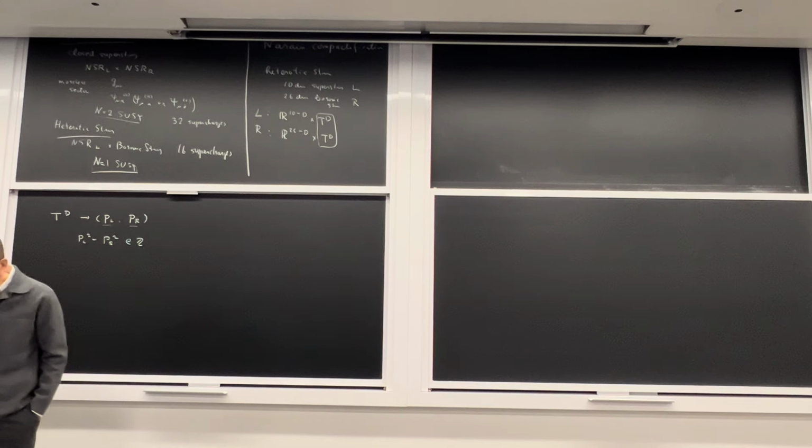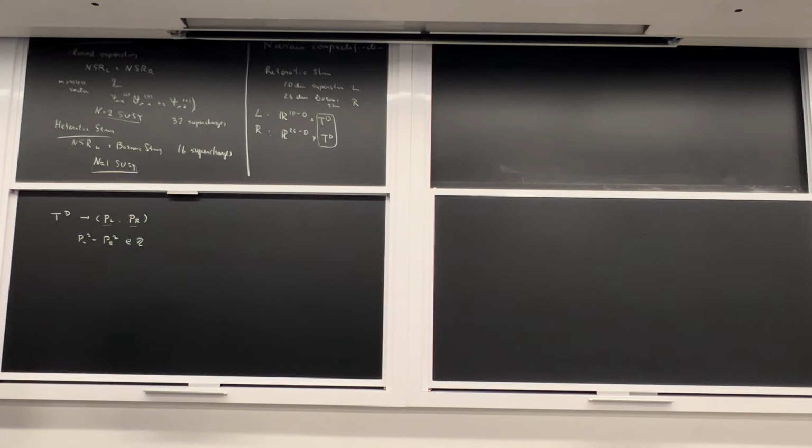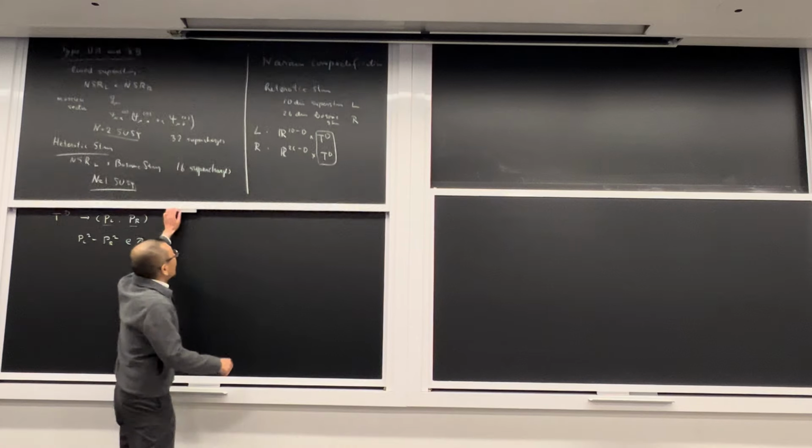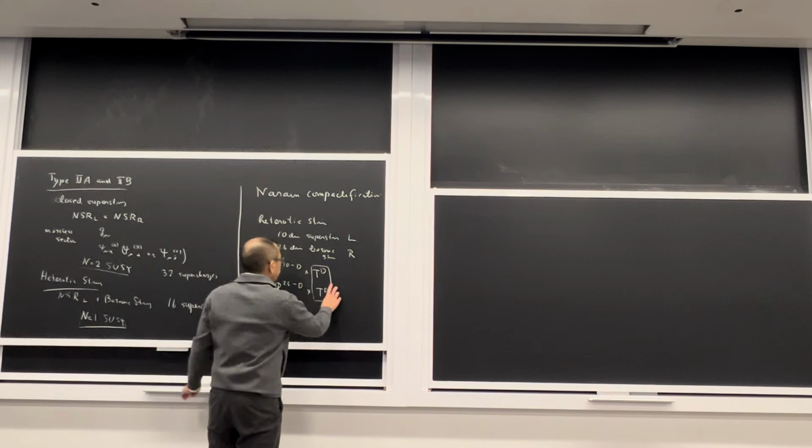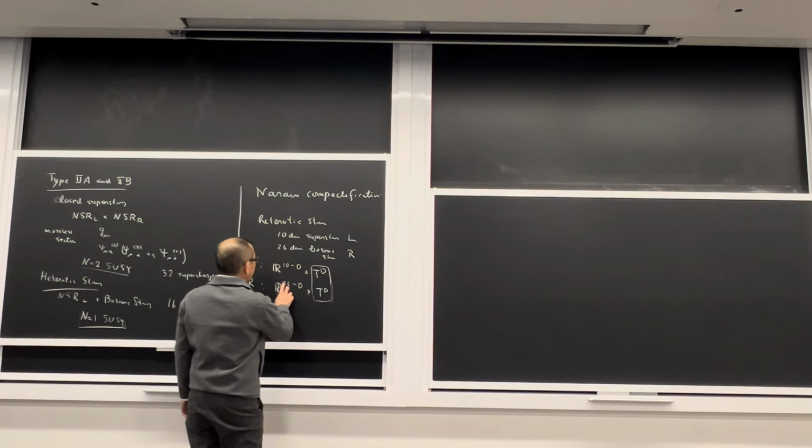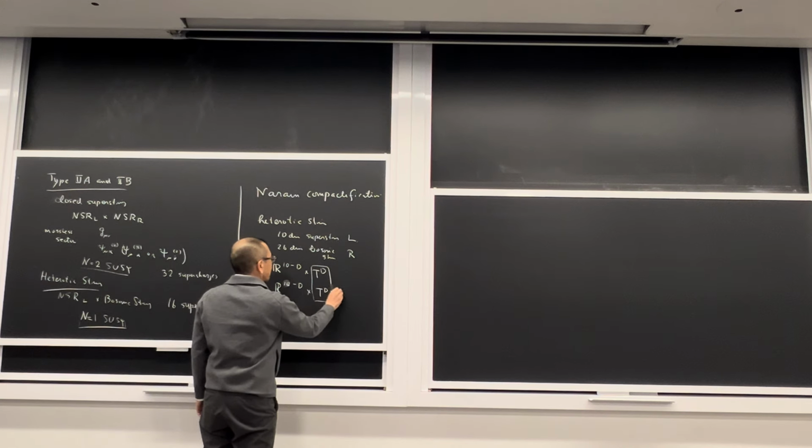So in general, it's natural to think, oh, by the way, I didn't write it correctly. What one should have done is that this space should be D plus 16. So you have to add 16 to it.